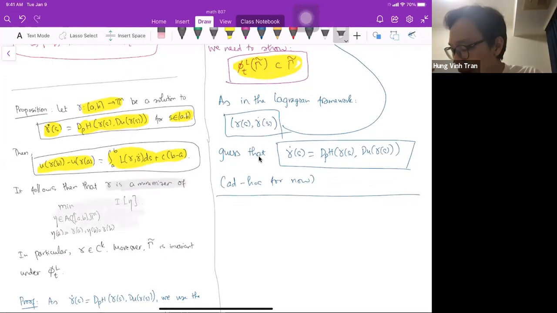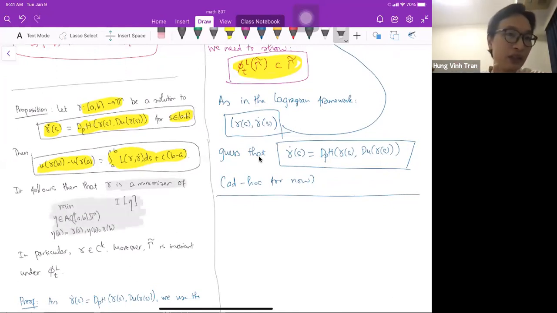So not only does gamma satisfy a nice differential equation from what we guessed, but then automatically, because of the underlying PDE, we can imply that gamma is a minimizer of our minimizing problem.